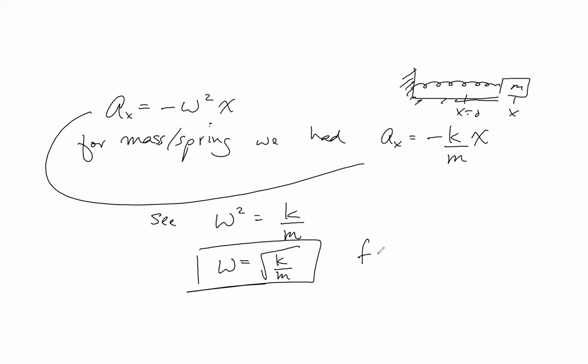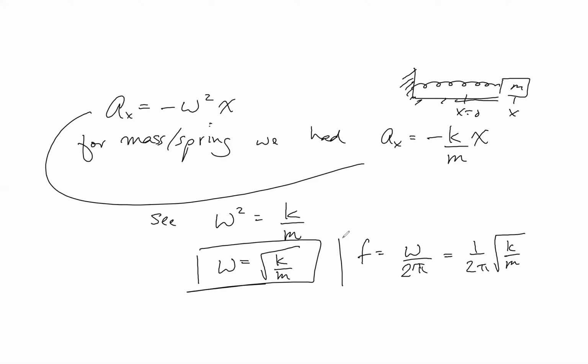Remembering that the frequency is equal to omega over 2 pi. Really, I kept saying omega was equal to 2 pi f. This allows me to write that the frequency is just equal to 1 over 2 pi times omega, which is the square root of k over m. So if you know what k is, that spring constant, how stiff that spring is, and how big that mass is, you can see what the frequency of motion is going to be.